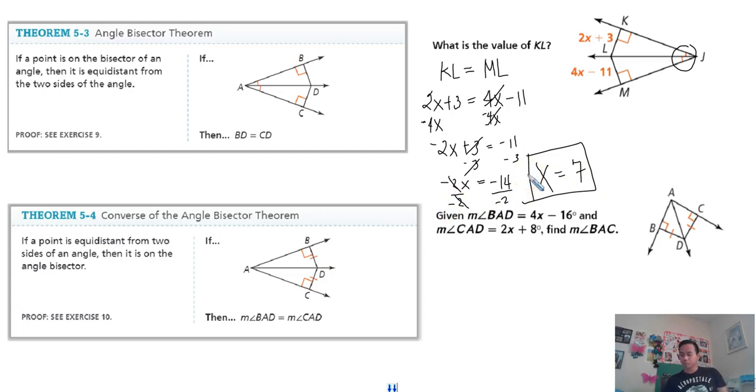And we just plug into KL. So segment KL is equal to 2x plus 3. So I'm going to plug in the value of x that I computed there.